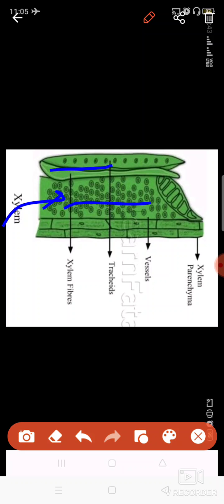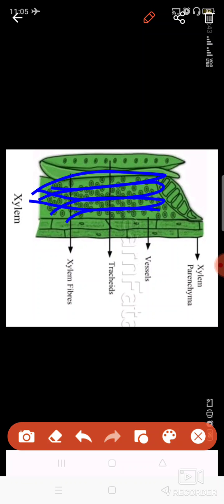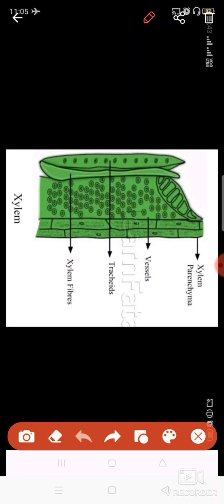The vessels carry the water upwards, and the sideways movement of water is carried out by the tracheids. Both the cells are non-living, and you can see they have tube-like structures which carry the water towards the top.